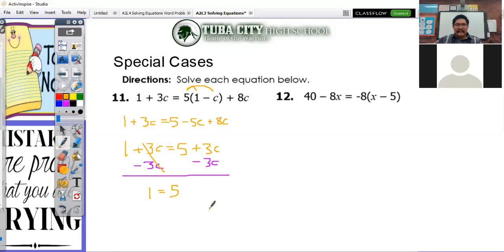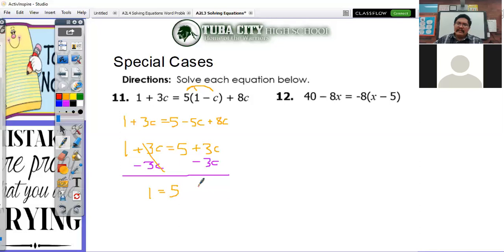All right, nothing happened to the 5, so I'm going to leave it there. And 3c minus 3c, right? That is 1c. Now, that's what I see all the time on work that has this kind of problem. I'll be following the work, and I'm like, wait a minute. How come you have 3 minus 3 is 0 here, but 3 minus 3 over here, the exact same thing, is 1? And it's probably because people know that something is wrong when they don't have a variable. Where did it go? It's gone.